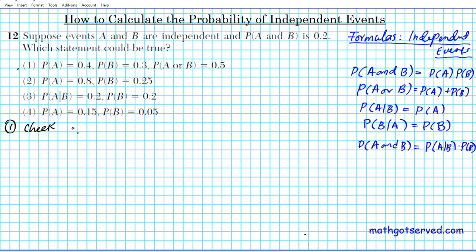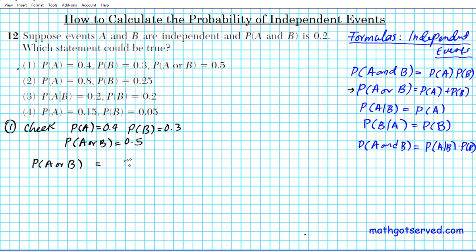So for option 1, we have probability of A is 0.4, probability of B is 0.3, and then probability of A or B is 0.5. So, the formula for probability of A or B, okay, which one are we using?